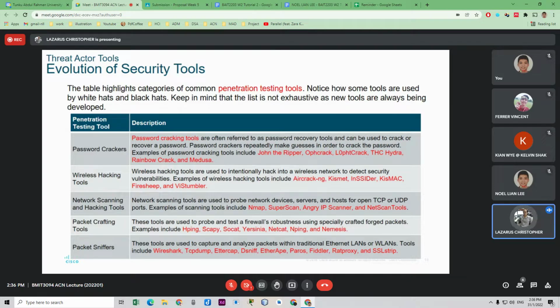Then we have network scanning and hacking tools. Network scanning, scan for what? Scan for open ports. The system probes the ports of your computer to see which one is open, right? And when they find an open port, they will see whether there's any vulnerability for that port.